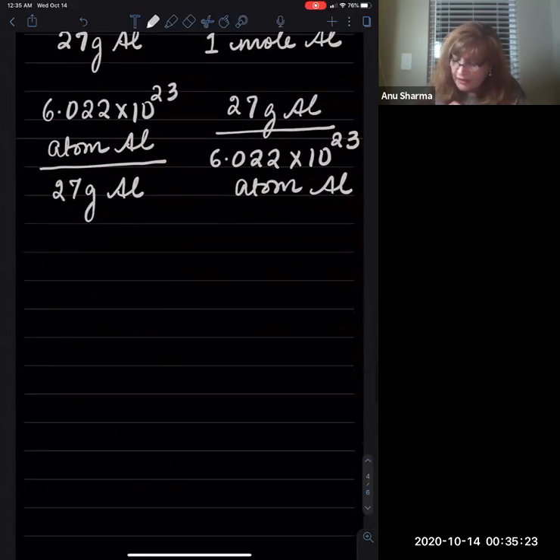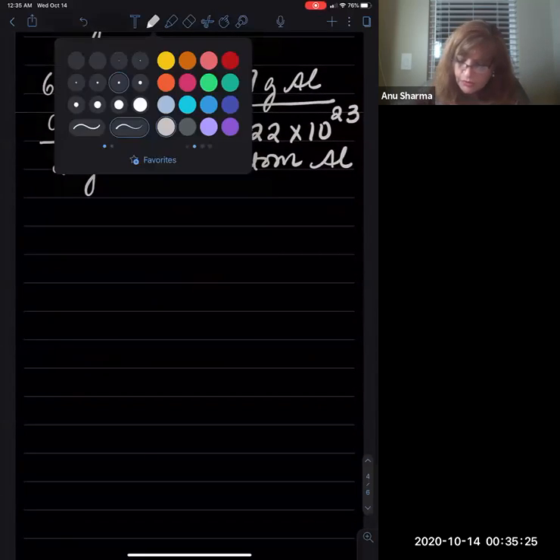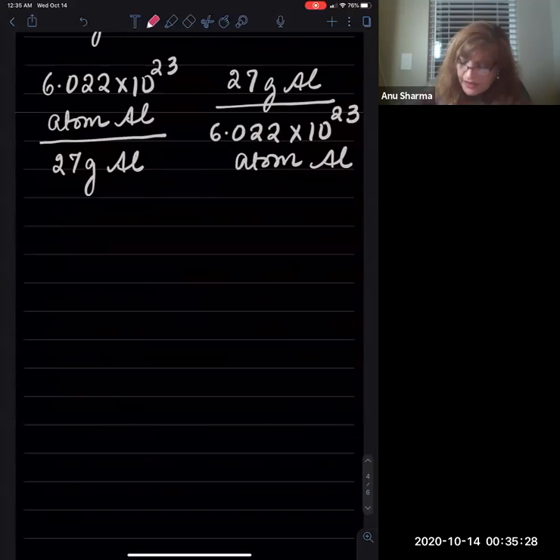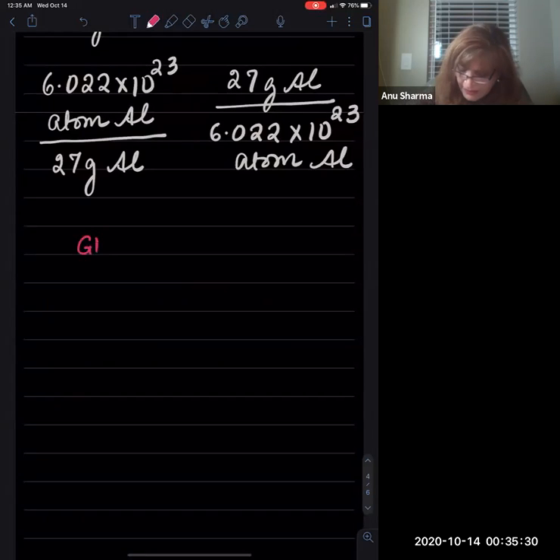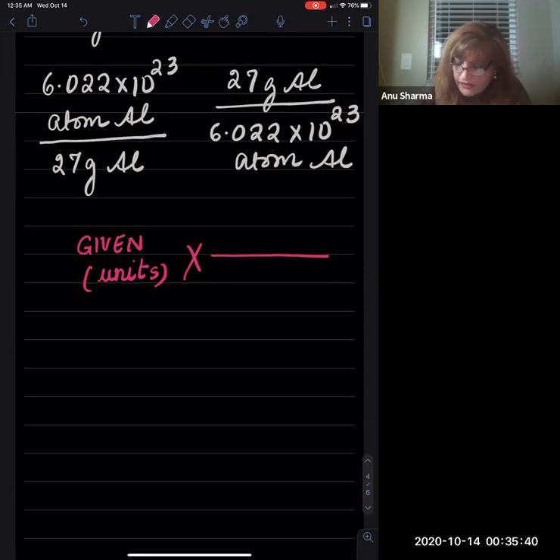Now, as we learned in dimensional analysis, I'm just going to do a little review here. You are going to have something that is given to you in the question, so given units, times the conversion factor. The units that you want are going to be on the top, the numerator. The units that you want to remove are going to be at the bottom.